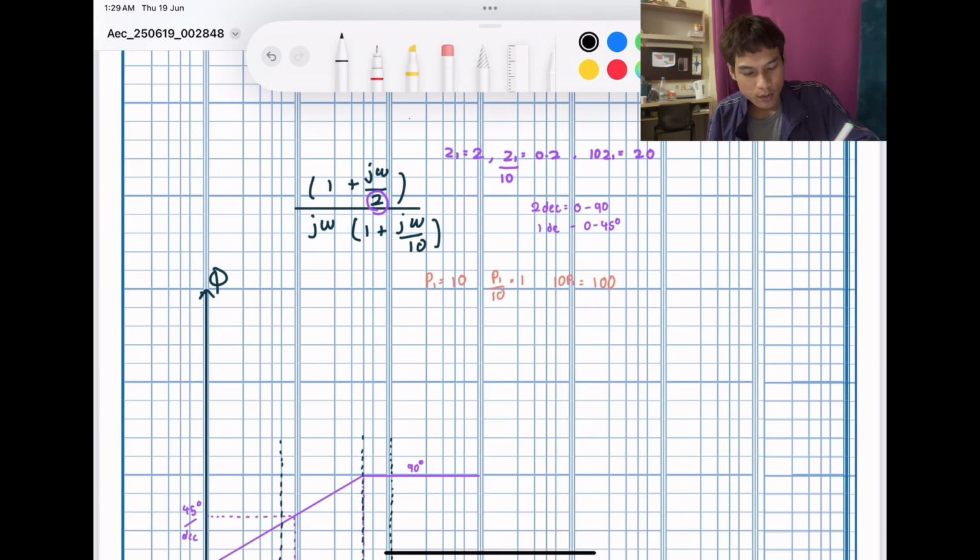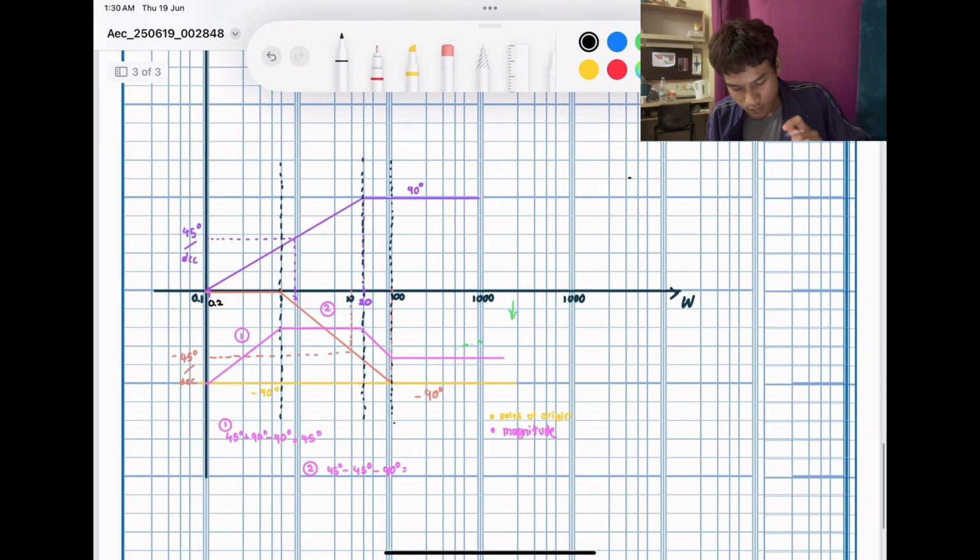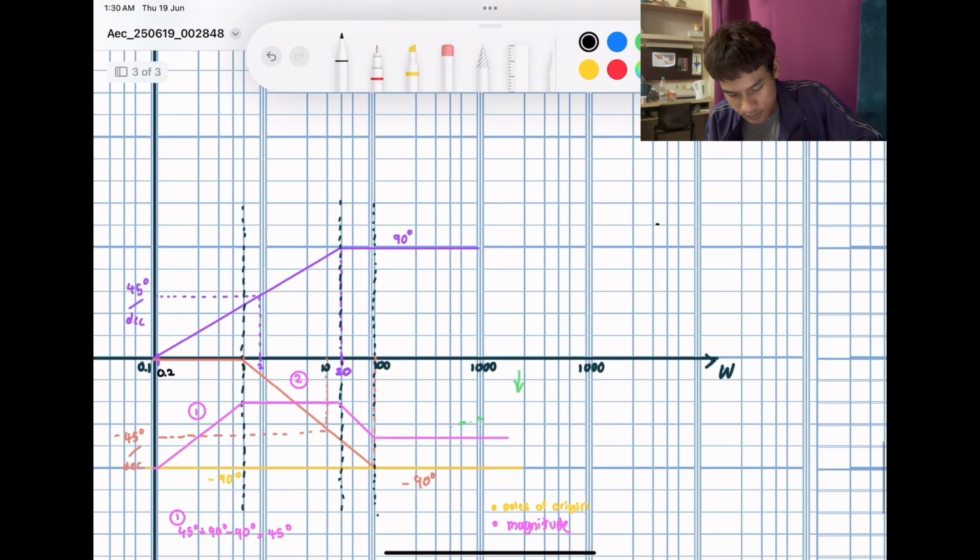This will be the point where the graph starts to change, and it will rise until the frequency is 20. From this point, the graph will have 90 degrees.